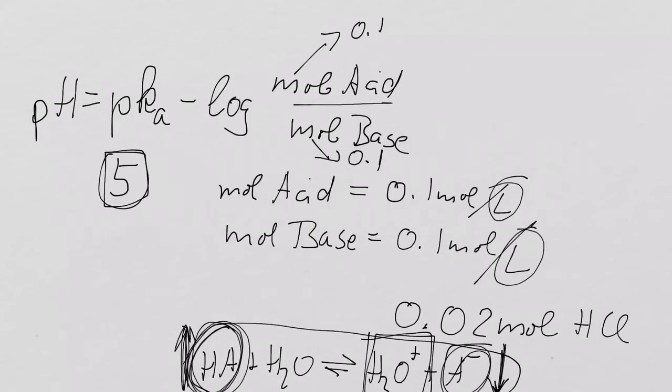We know that because we added 0.02 moles of acid, so it increases from 0.1 to 0.12. These 0.02 are from the 0.02 mole of acid. Yeah? Because we said our HA goes up.